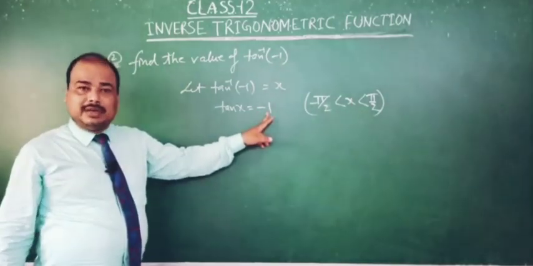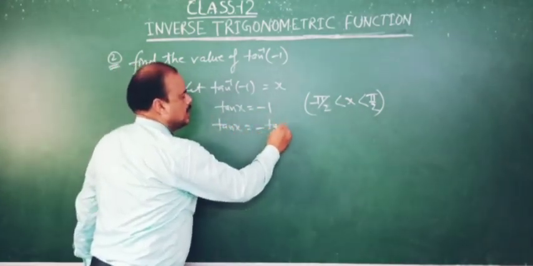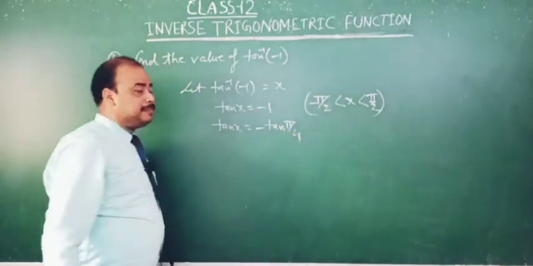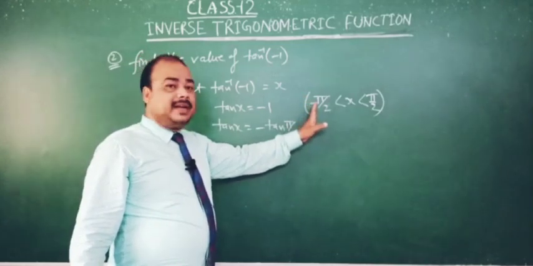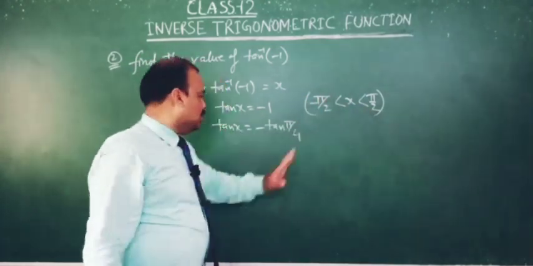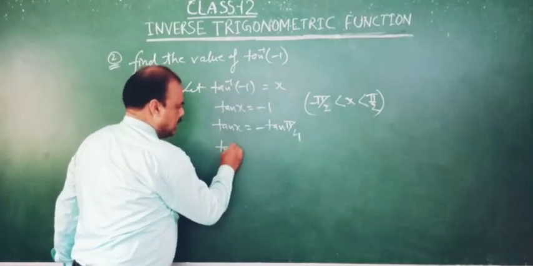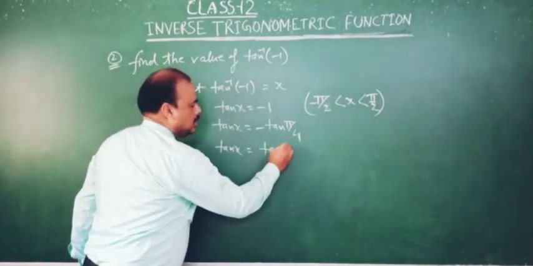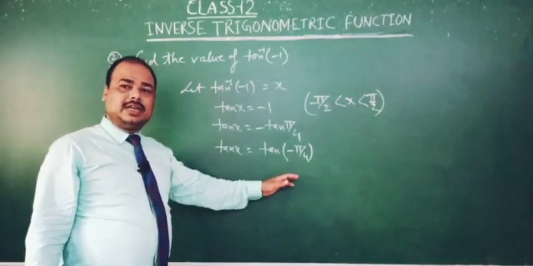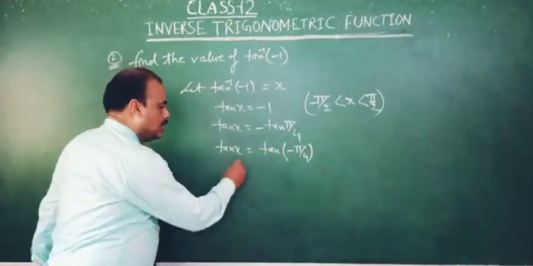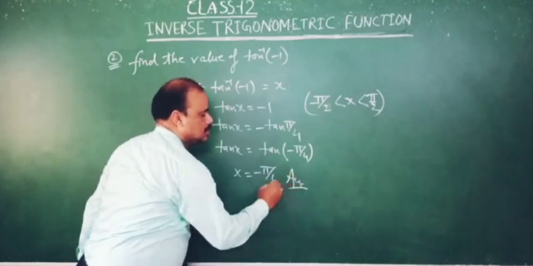Then tan x equal to negative tan π by 4. On comparing, tan x equal to tan(negative π by 4), we know that tan(minus theta) equal to minus tan theta. So x equal to negative π by 4. This is the answer.